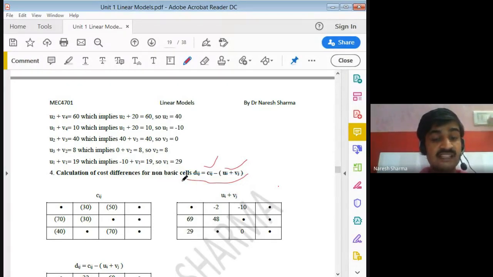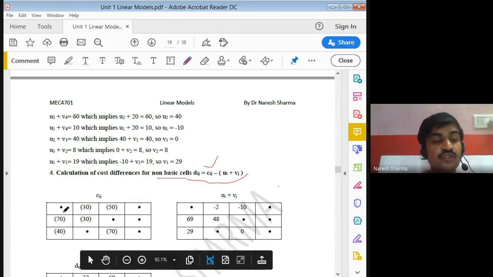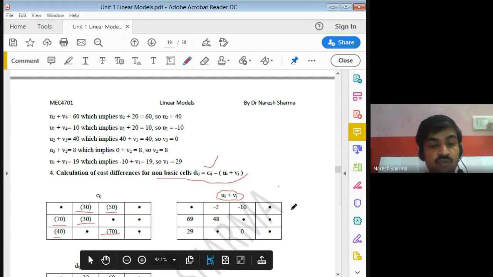Keep in mind, this is for the non-basic cells only, meaning where allocation is not yet present. So just leave the allocated points from Vogel's method. You write the cost at the remaining locations. Also, you find the u plus v for those locations where allocation has not come by Vogel's method.